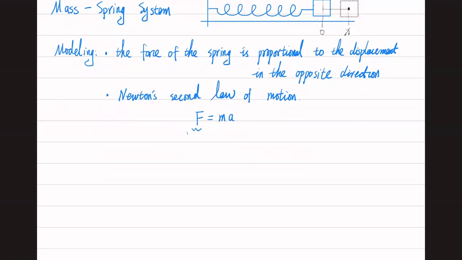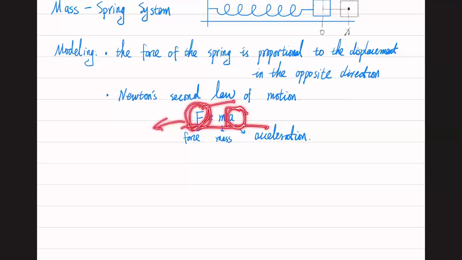F stands for force, m is the mass of the object, a is acceleration. If there's no force, then there's no acceleration, and it moves at constant speed. If we have a force in the same direction, acceleration is positive; force in the opposite direction gives deceleration, due to the law of motion.